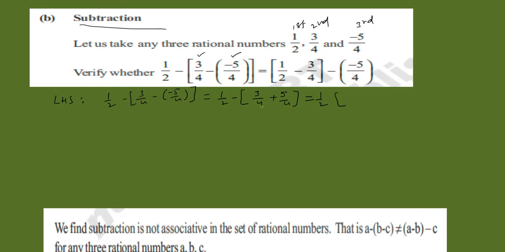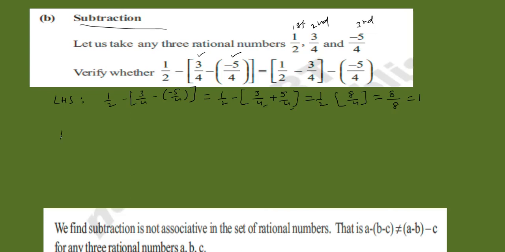Both are like fractions with denominator 4, hence it is very easy for us. 3 plus 5, 8 by 4. That means in the numerator 1 into 8, 8, and in the denominator 2 fours are 8. Finally what we get? 1.